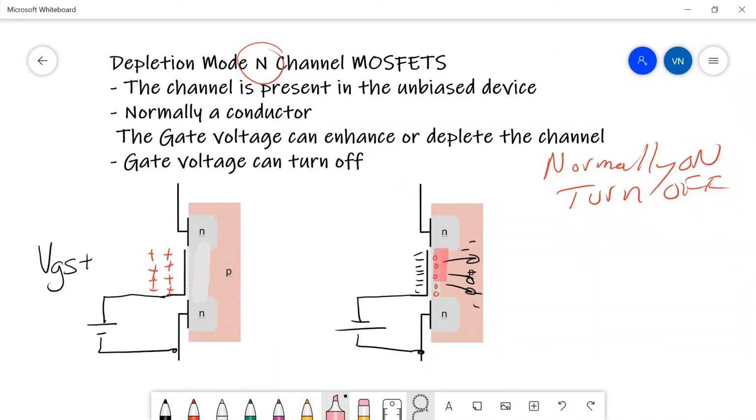So you would narrow the channel down, and if you continued to put a negative voltage on it, at some point you're going to pinch the channel off, and you will have no conduction. So the depletion mode FET is normally conductive, and if you apply a negative VGS, you will turn it off.